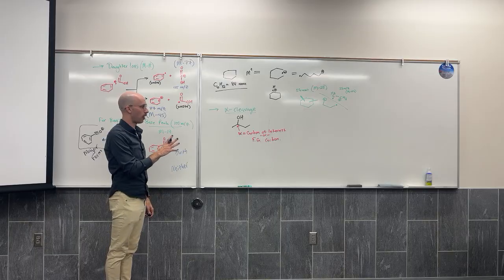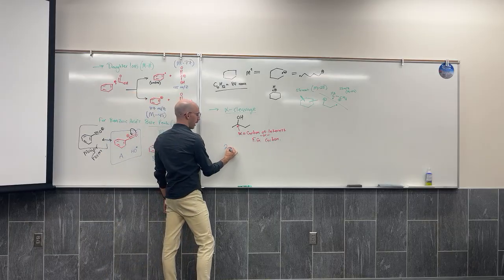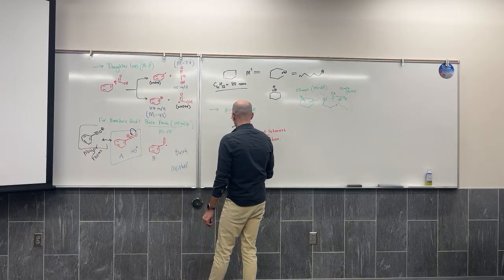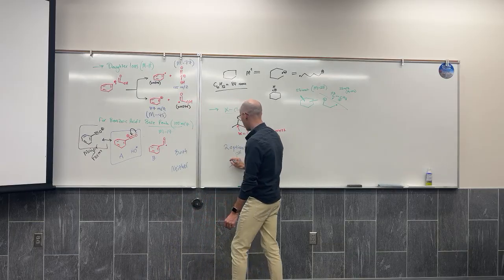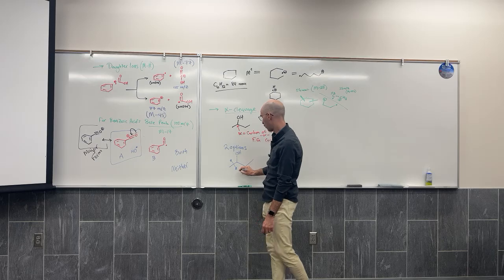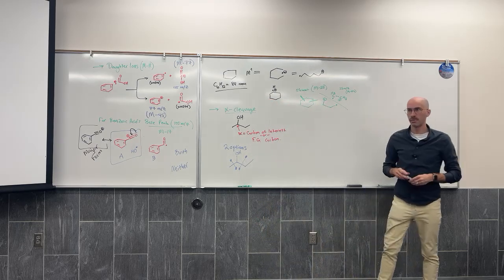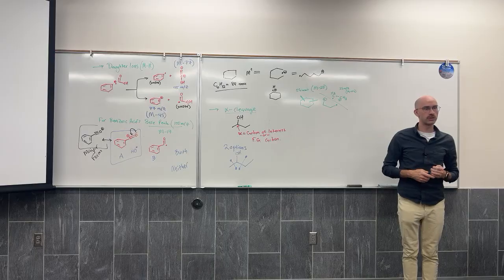So if I want to show alpha cleavage, there's two options. One is cleaving the bond on the left, and one is cleaving the bond on the right relative to our alpha position. So let's look through those two options.